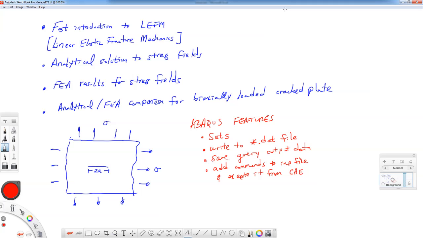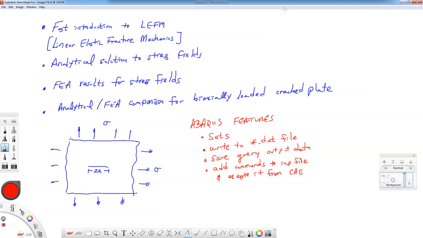My intention is that this will be the first of 3 lectures, videos on Abaqus and fracture. The second one, I'd like to do some J-contour work and show you some input files that FEA-Crack can generate for us for looking at crack tip stress intensity factors.